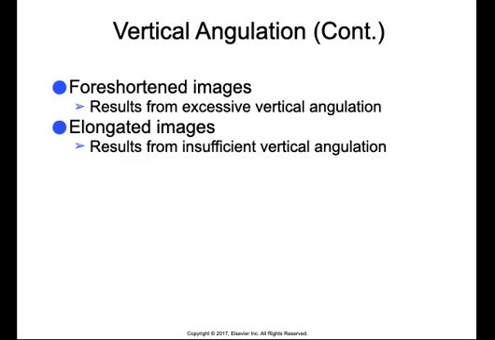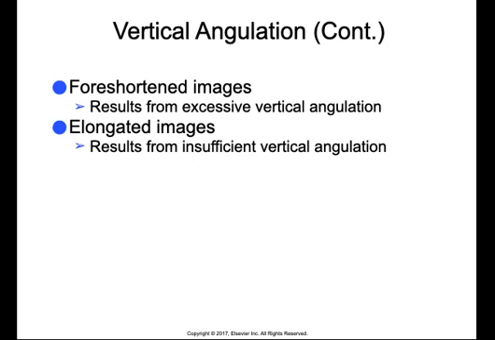So if you have foreshortened images, foreshortened images refers to images that appear shortened, and this results from excessive vertical angulation. Elongated images refer to images of the teeth that appear long, and this results from insufficient vertical angulation.